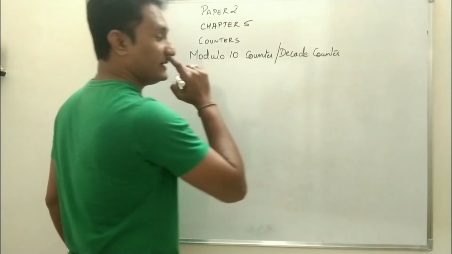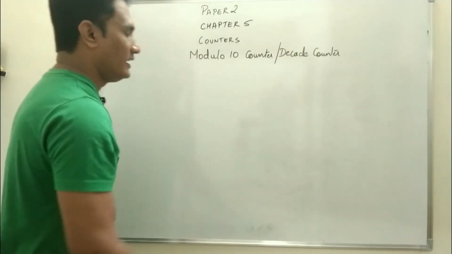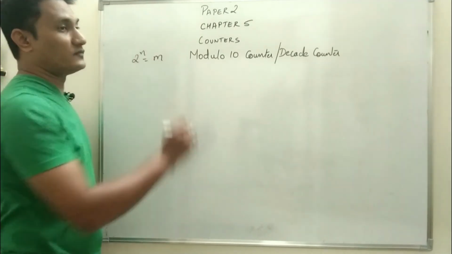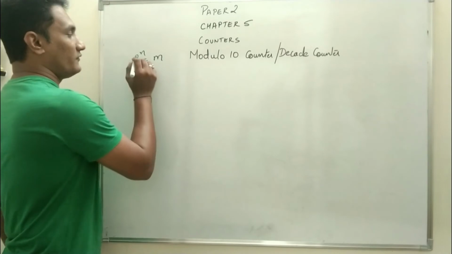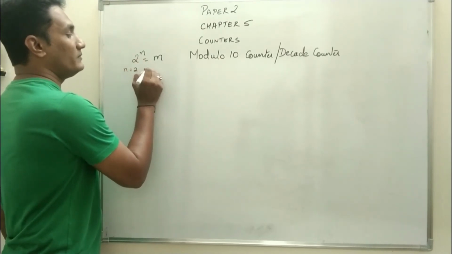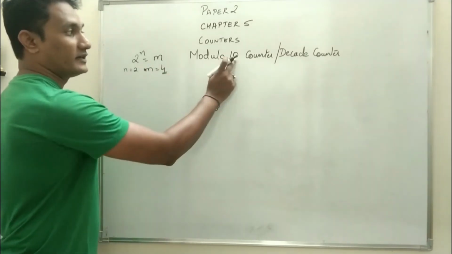Decade means it should have 10 discrete states. So let us try to understand how many flip-flops will be used. Suppose you take two flip-flops, so if n is equal to 2, m is equal to 4. How many states do we want? We want 10 discrete states.